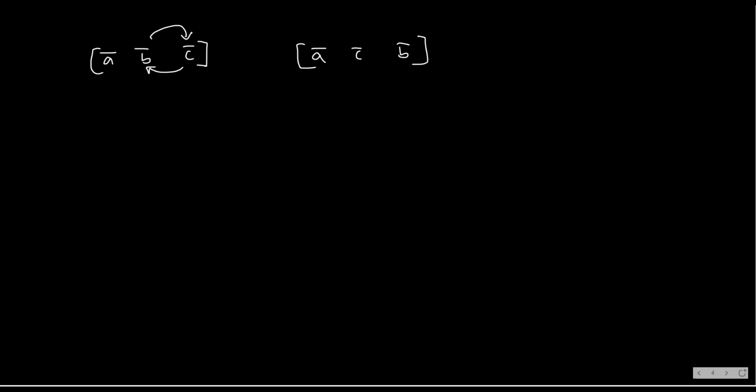After this, I want you to consider not the interchange between two vectors, but a cyclic change of vectors. Try to follow the word, cyclic change. Now, what do I mean by a cyclic change?